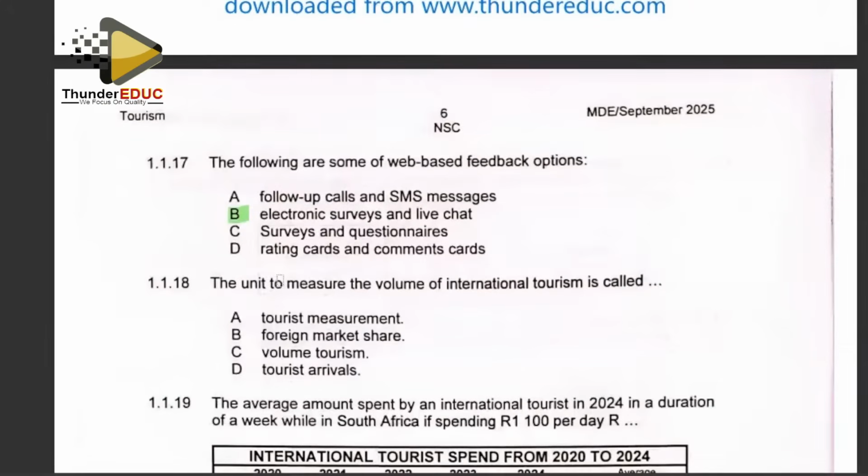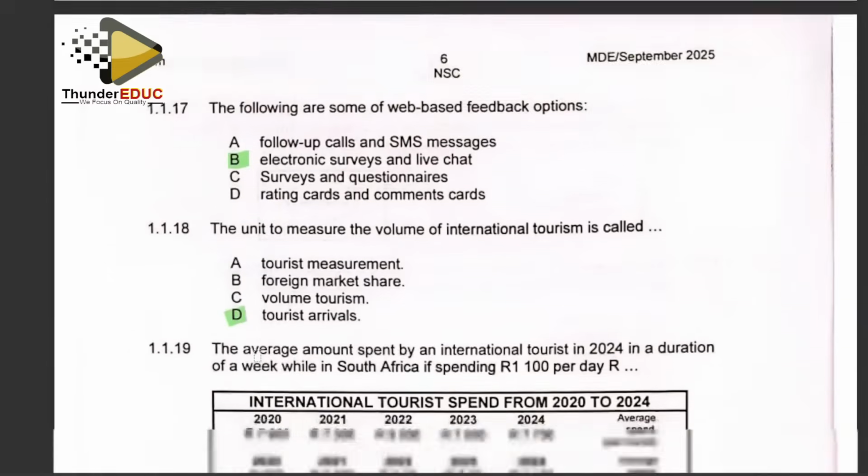Then the unit to measure the volume of international tourism is known as tourist arrivals. You look at the number of tourists who are arriving into a country.